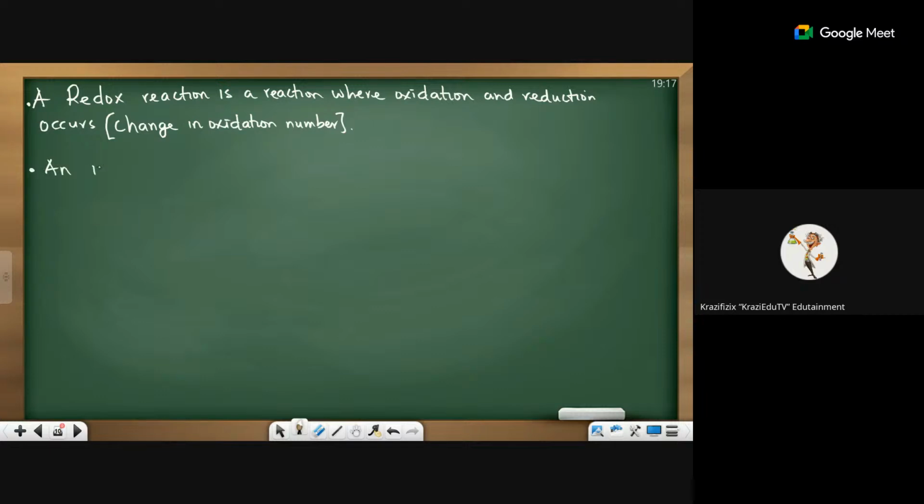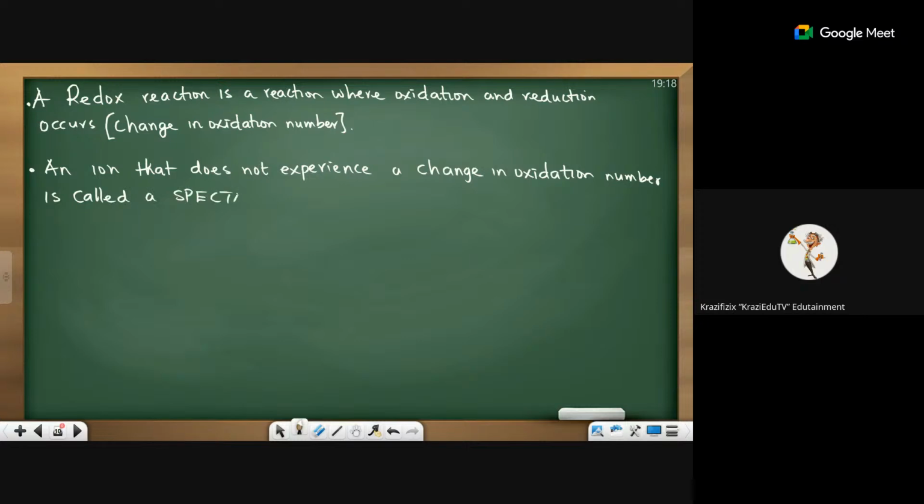An ion that does not experience a change in oxidation number is called a spectator ion.